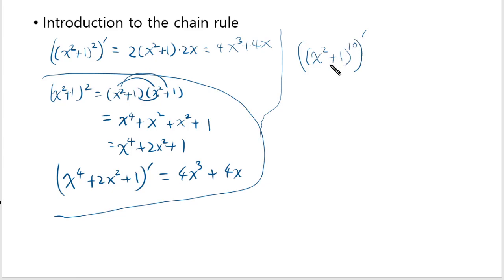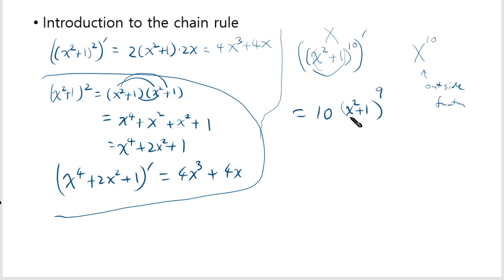You think about this as like a big X. So you're thinking of x to the 10th power, and that's actually your outside function. So you're thinking of x squared plus 1 as a big X, and then x to the 10th differentiates to 10 times x to the 9th power, right? But what is your big X? What you're calling as your big X is really x squared plus 1, right?